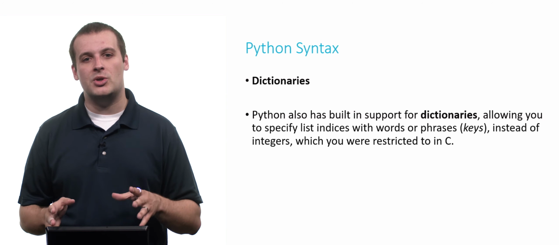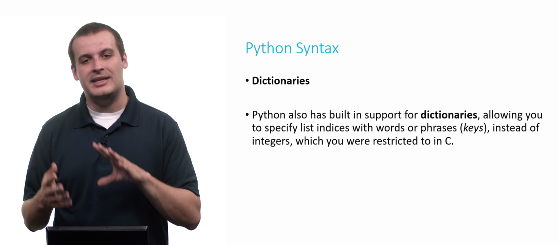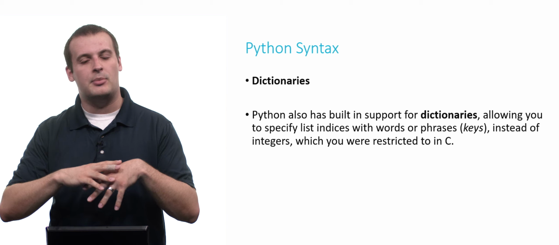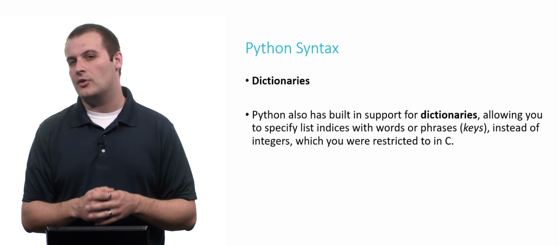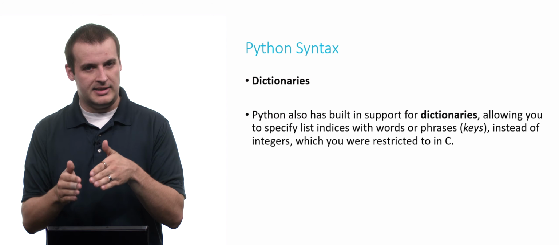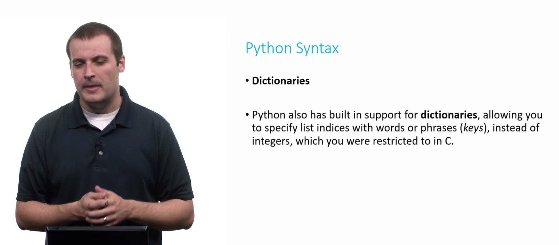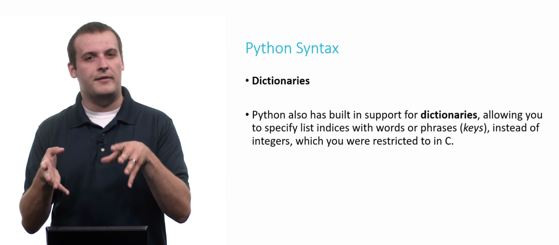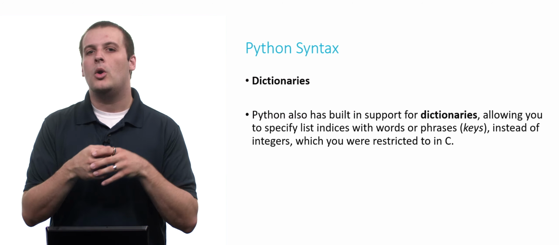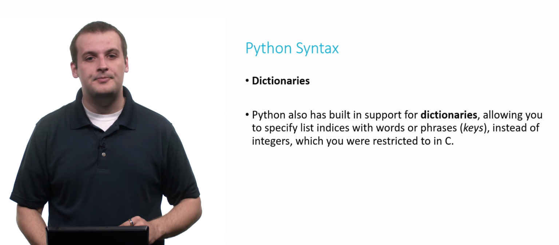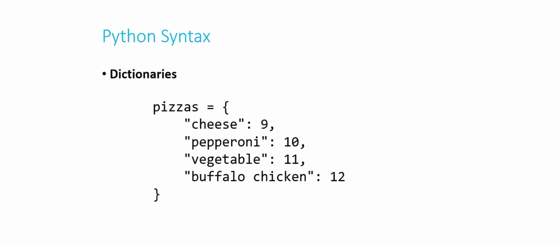So it allows us to associate indexes with keys as opposed to integers, which we had to do in C. So if we wanted to have, for example, an array of something, we could only refer to the elements of the array by an index number, array square bracket 0, array square bracket 1, and so on. In Python, we can now associate elements of a list, or elements in this case of a dictionary, with keywords as opposed to integers. So for example, here is a dictionary of pizzas.